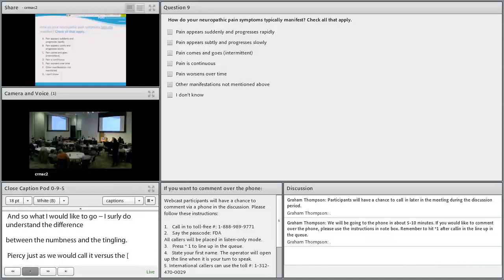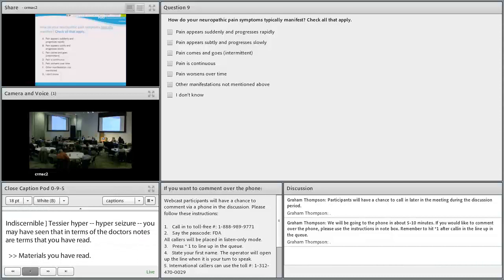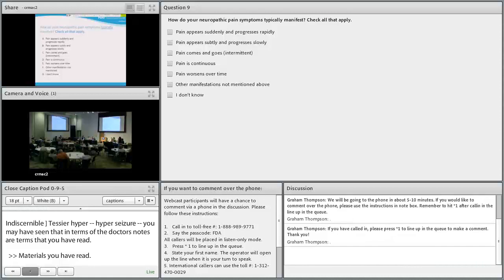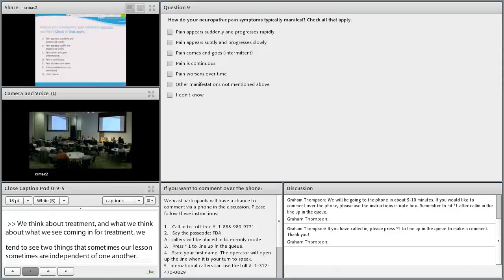When you think about treatment, and when we think about what we see coming in for treatment, we tend to see two things that sometimes overlap, but also sometimes are independent of one another. For painful neuropathy, we often will see symptom management.